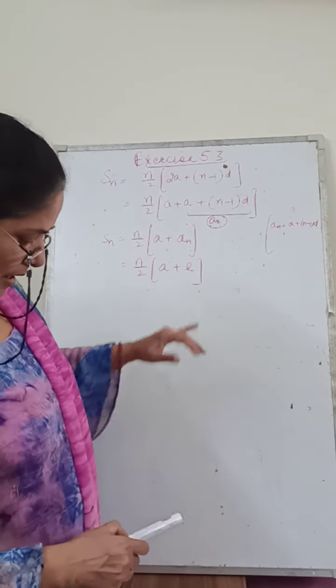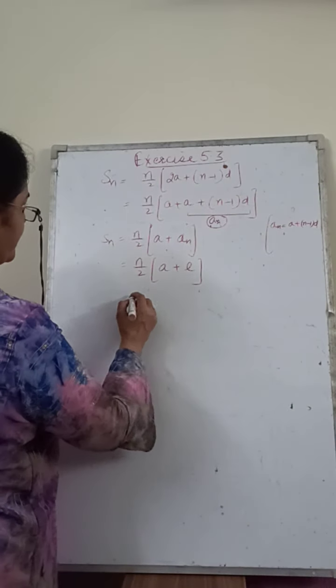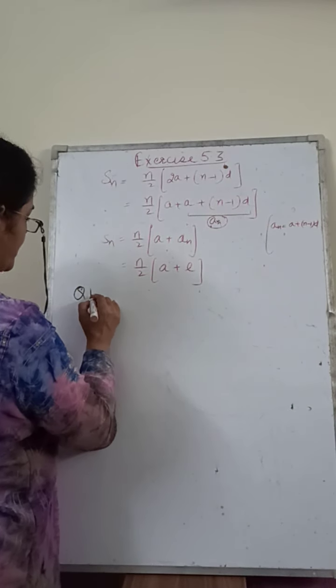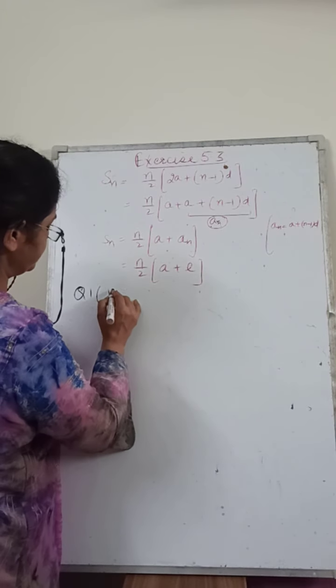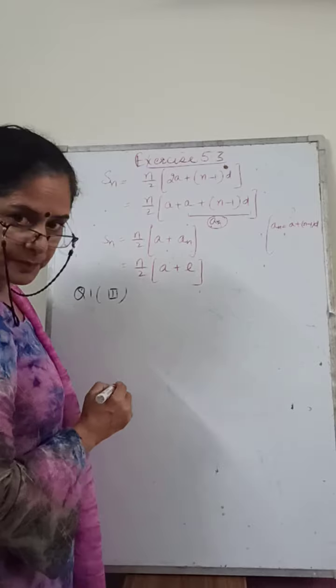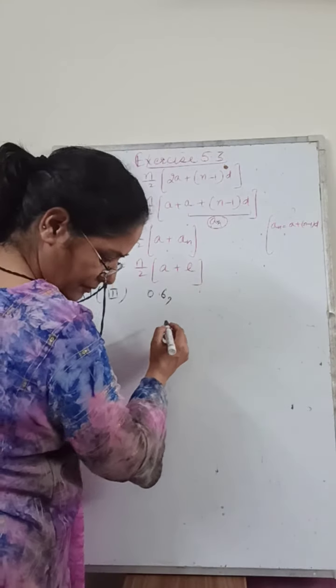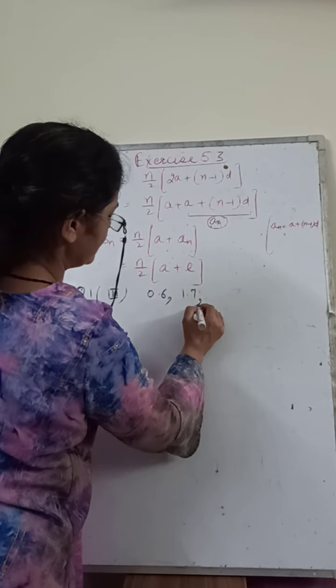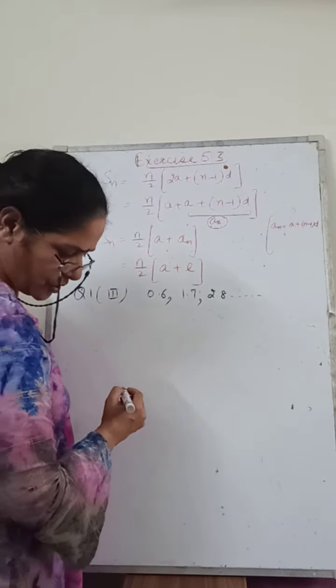Clear? Let's do exercise 5.3, question number 1. I am doing its third part. Its third part statement is 0.6, 1.7, 2.8, ... 100 terms, and you have to find its sum.